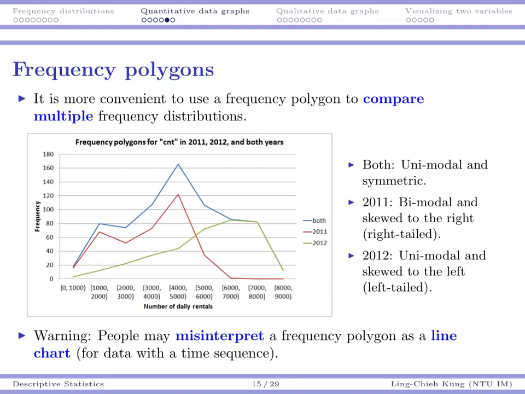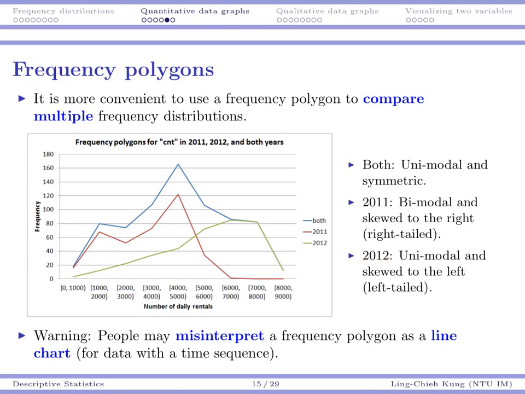Okay, it cannot be identical, but roughly the same. For 2011, the red curve has a long tail at the right. Most of the data are at the left. In this case, we say it is skewed to the right. There is a right tail.